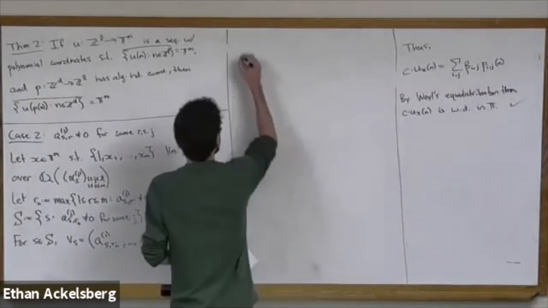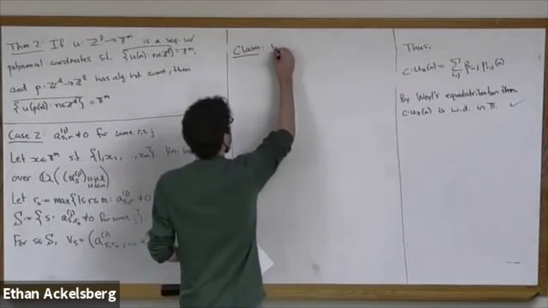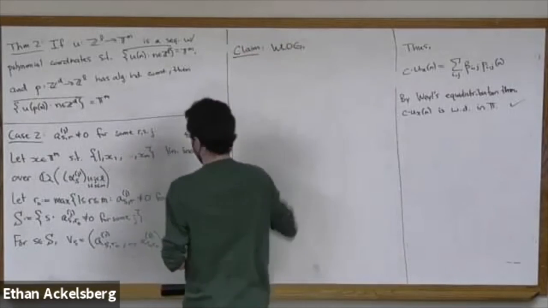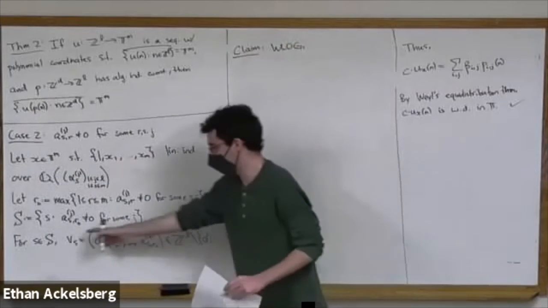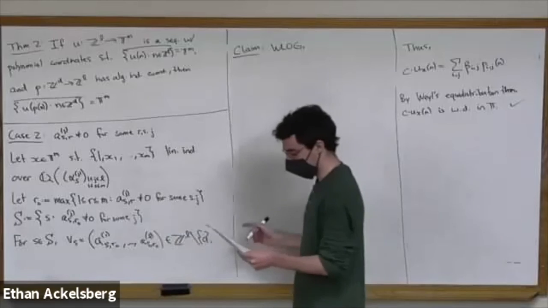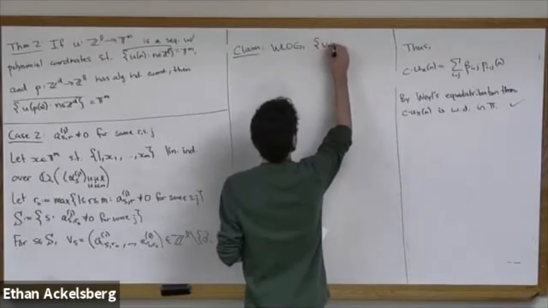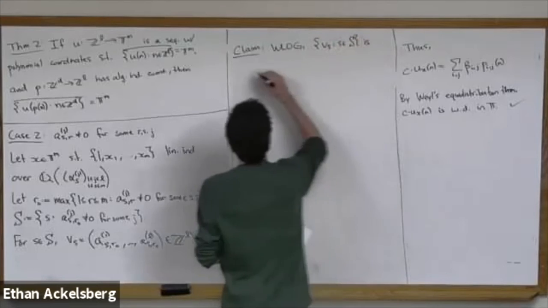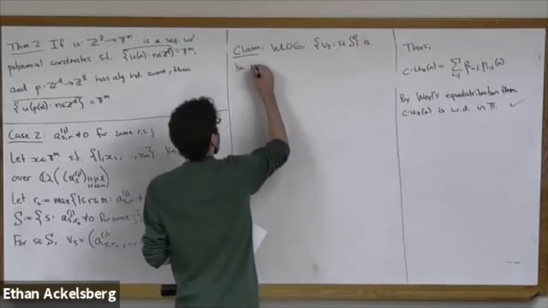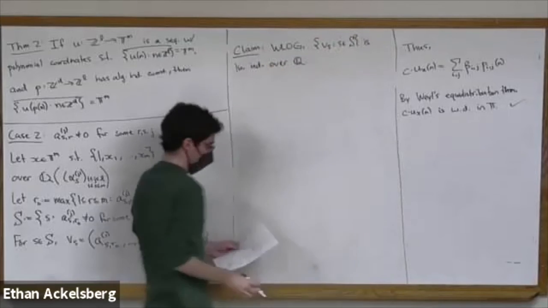Okay, so the important claim here is that without loss of generality, by which I mean up to a change of coordinates, we can assume that the set of these vectors is linearly independent over the rationals.